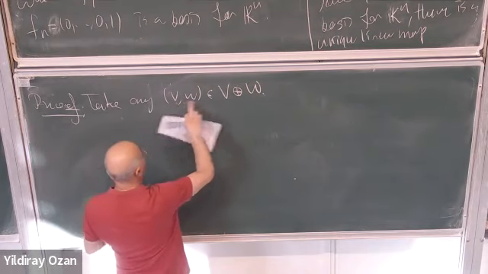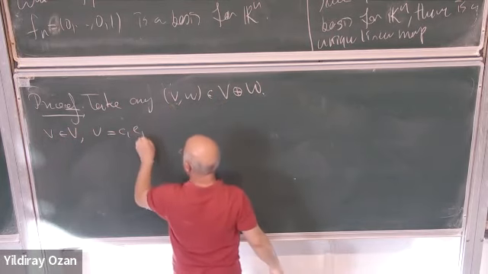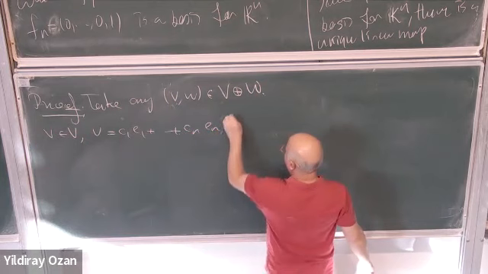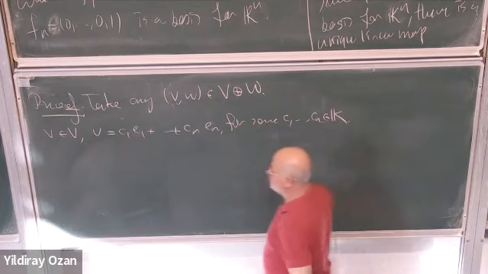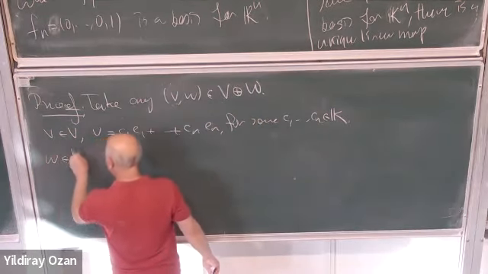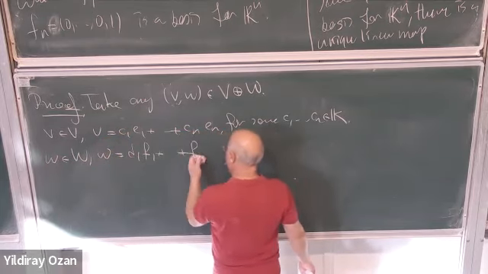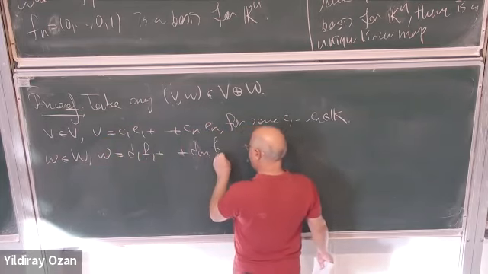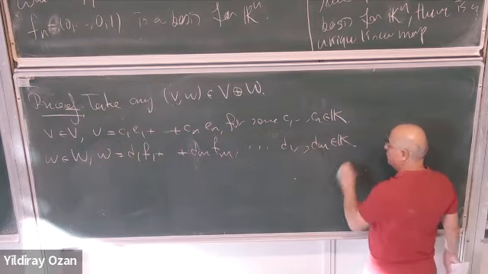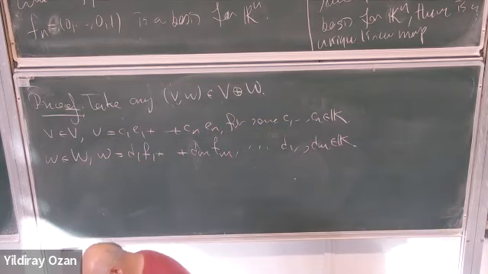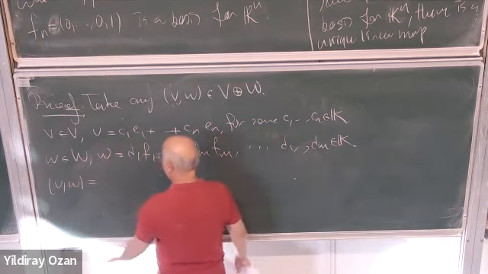But v is already in V, right? Since it is in V, v can be written as C1 times E1 up to Cn times En for some C1 up to Cn in K. Similarly, w can be written as D1 times F1 up to Dm times Fm for some D1 up to Dm in K. But then this pair (v, w) is just what?